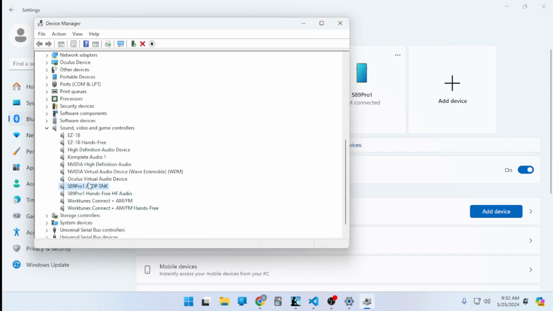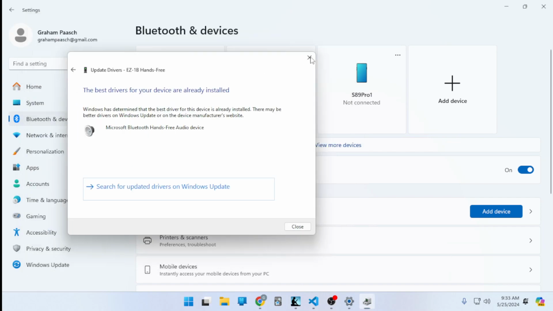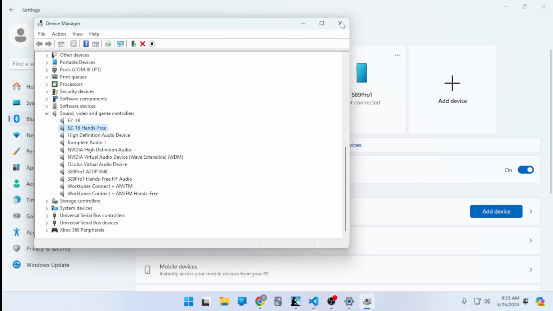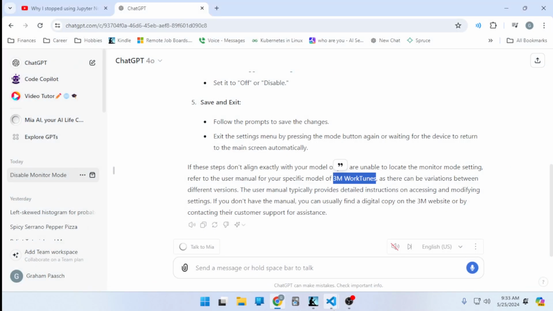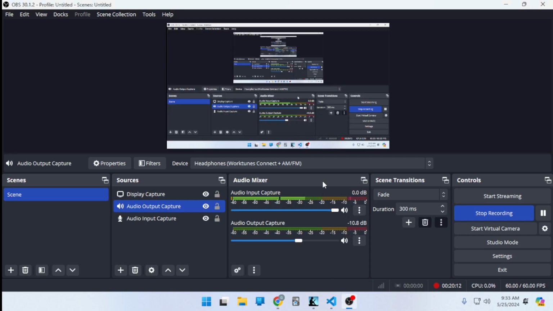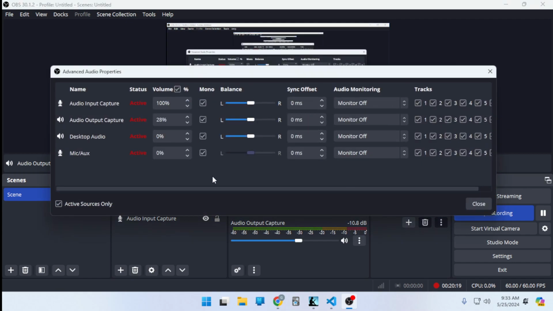So yeah, that's not it. All right. Well, it's going to take some doing to figure out. I guess I can't stop working on this, but one final thing. Let's do advanced audio properties again.